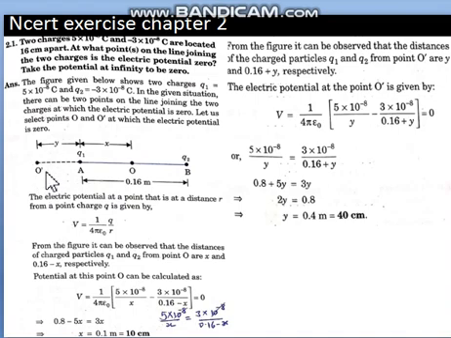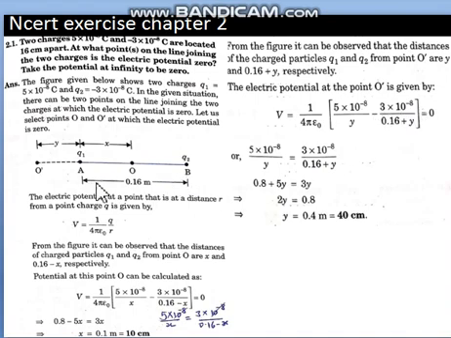Now here we will find the net voltage and equate it to 0. So net voltage will be found by KQ1 upon the first distance plus KQ2 upon the second distance. So K is out, Q1 upon the first distance Y, this distance from Q1 to the point, and second KQ2 upon the second distance. Q2 is negative, minus 3 into 10 raised to power minus 8, that's why this minus sign is appearing.